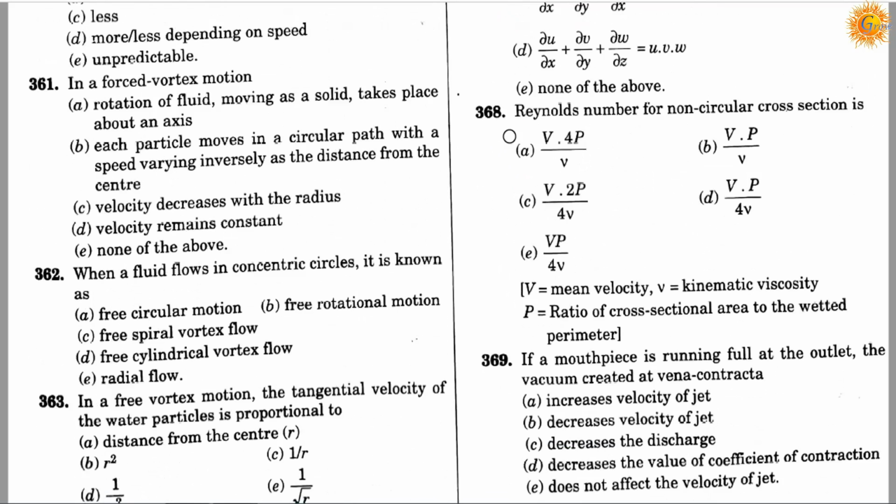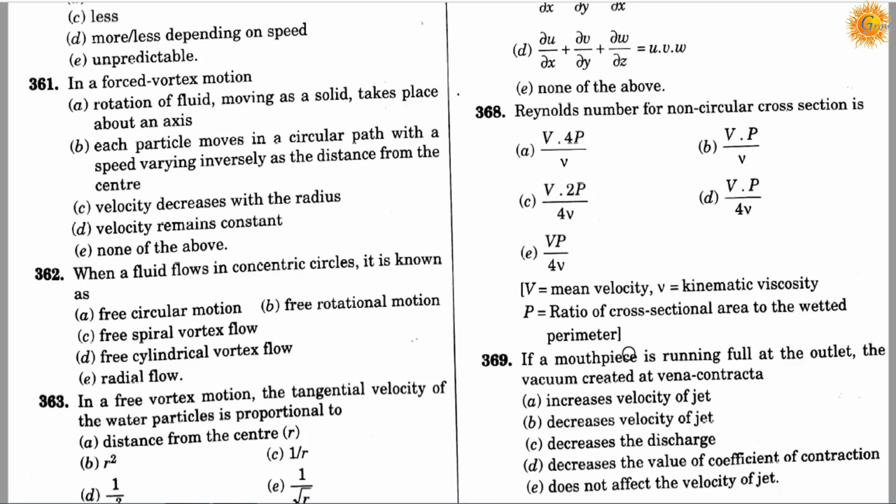Question number 368. Reynolds number for non-circular cross section is: option A, V into 4P upon small v; option B, VP upon small v; option C, 2VP upon 4 small v; option D, VP upon 4v; option E, VP upon 4v, where capital V is the mean velocity, small v is kinematic viscosity, and capital P is the ratio of cross-sectional area to the wetted perimeter.